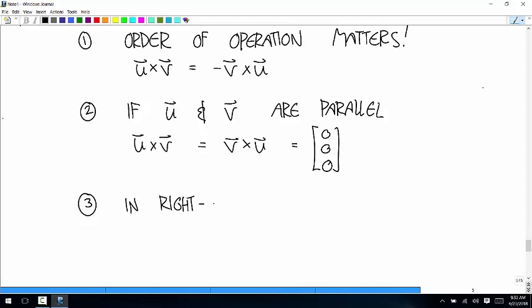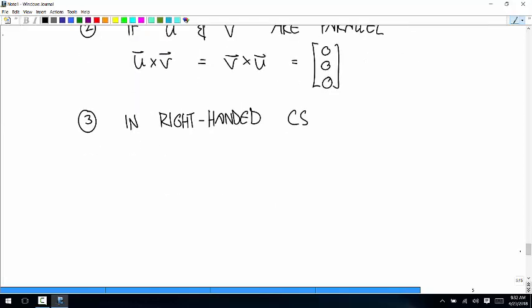In a right-handed coordinate system, you've seen I and J and K things before, right?